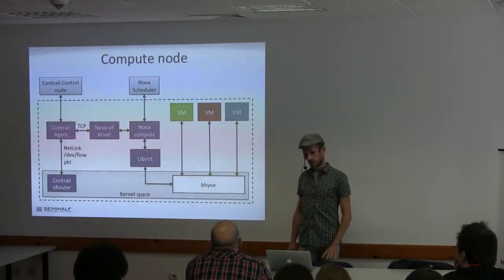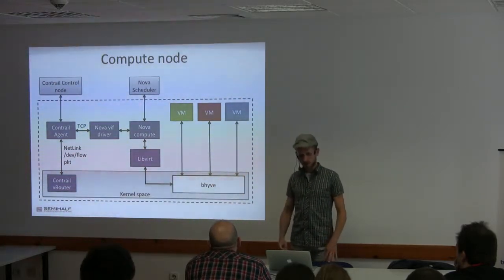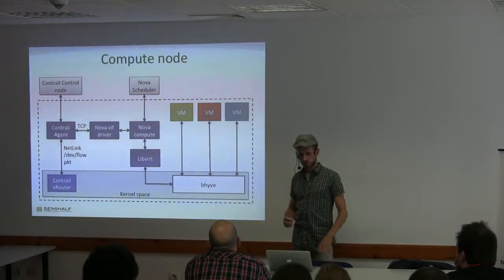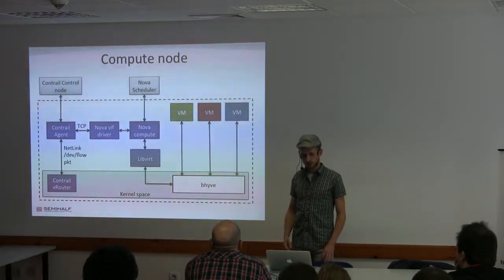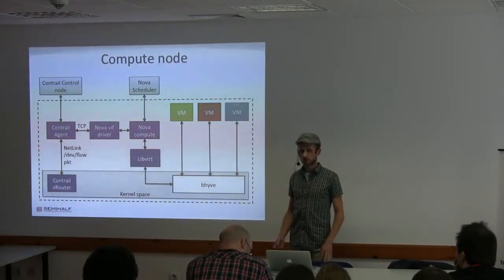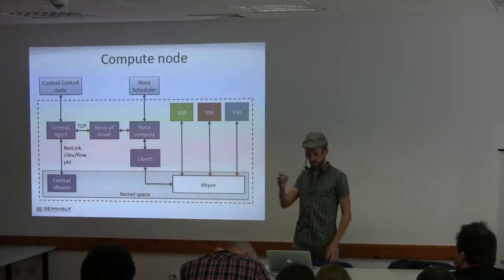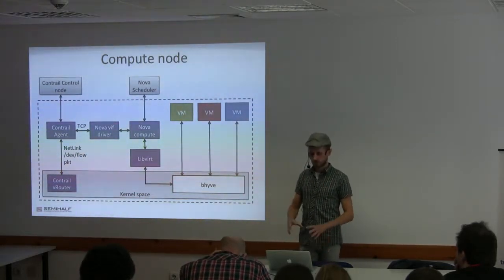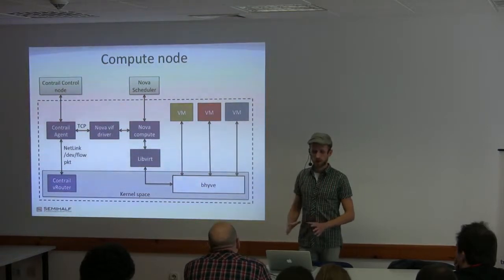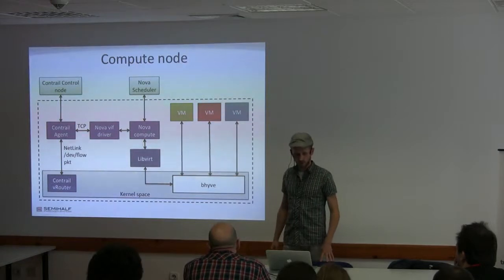And there is something like def flow, which is just a memory sharing region between the agent and vRouter, and it is used for the flow tables, because flow tables are hash tables, and both agent and vRouter want to have quick access to them to quickly find which flow should go where. So those hash tables are shared by the agent and by the vRouter via def flow.